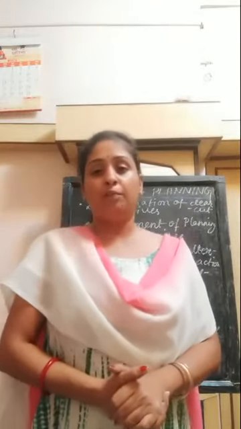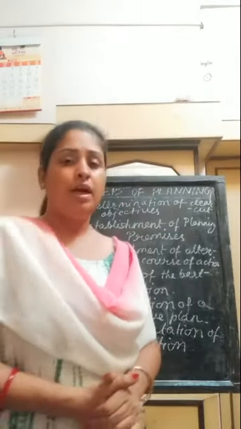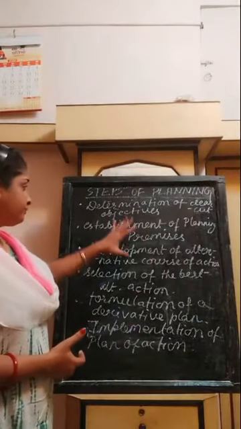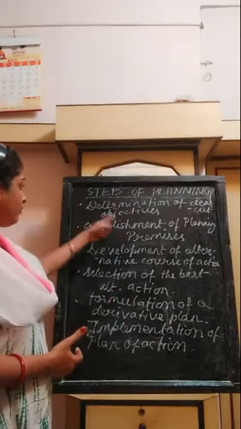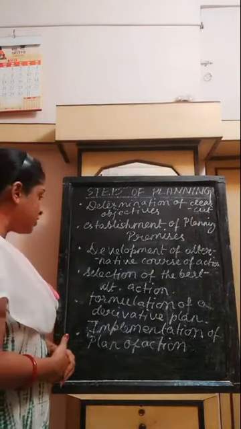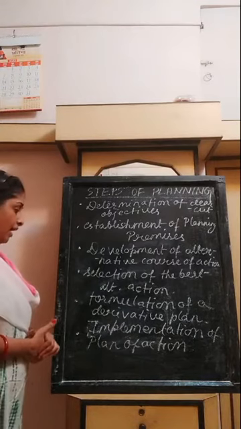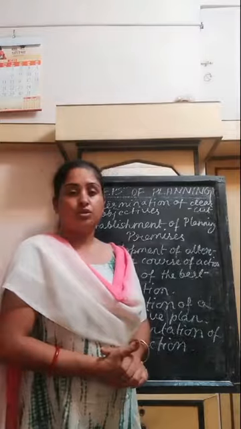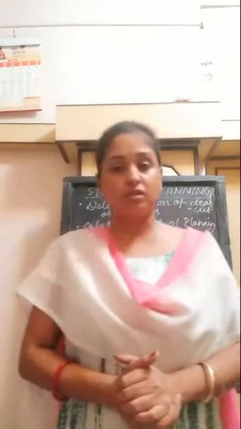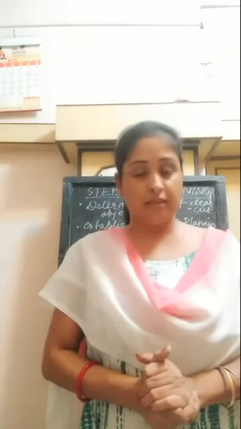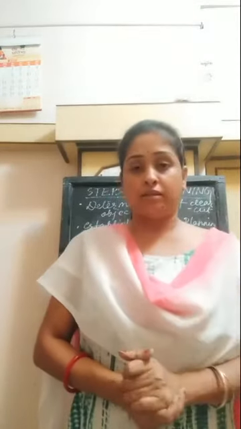You can take the help of the J.K. Mitra book or any other reference book, but these are the main points you should follow: determination of clear-cut objectives, establishment of premises, development of alternative courses of action, selection of the best action, formulation of the derivative plan, and implementation of the plan of action. Whenever a question of 4 marks or 6 marks comes, you will write the answer according to the marks given to you.